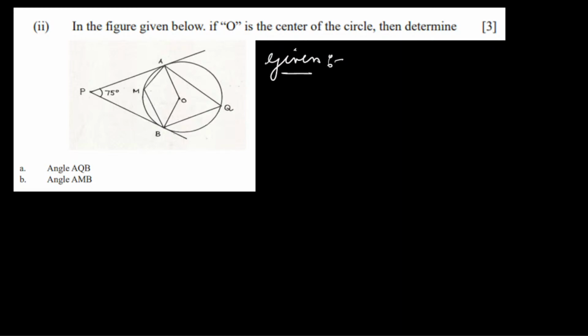In the figure given below, O is the center of the circle. So we can write the given things: O is center, and one angle is given to us, angle APB equals 75 degrees.